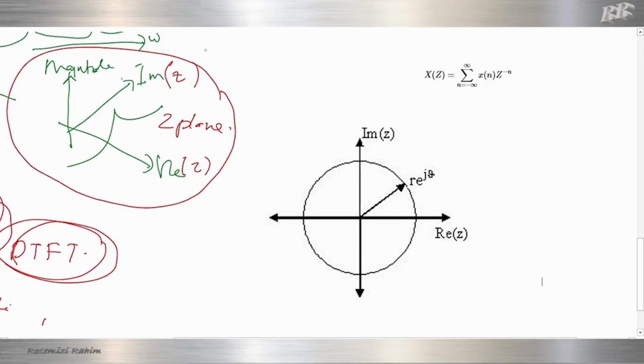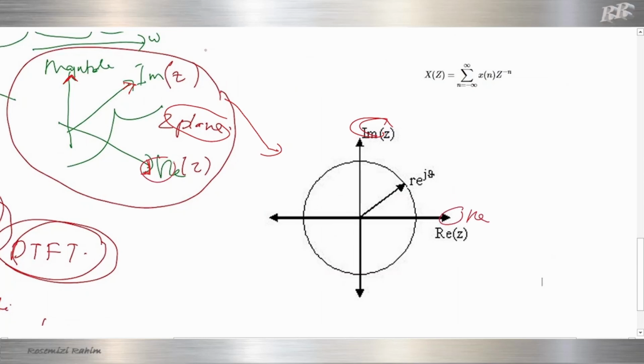In the complex frequency domain, we have a magnitude axis, an imaginary axis, and a real axis. We zoom in on this and call it the z plane, with just imaginary and real axes. The vertical axis is imaginary and the horizontal axis is our real part.